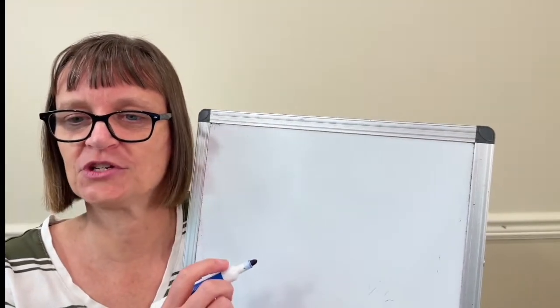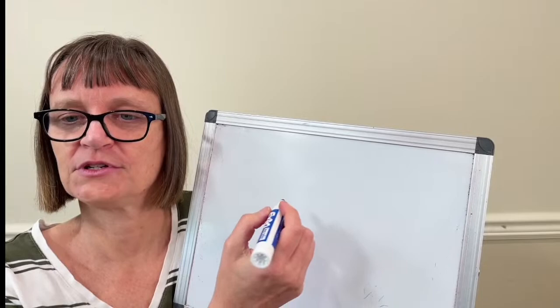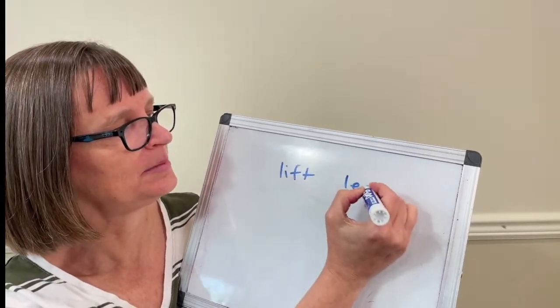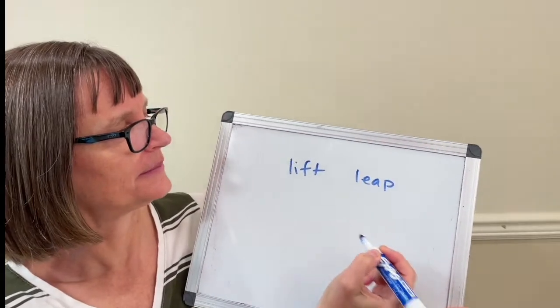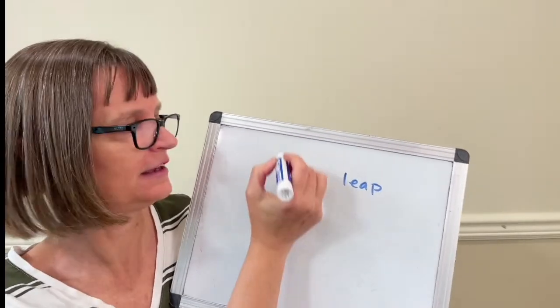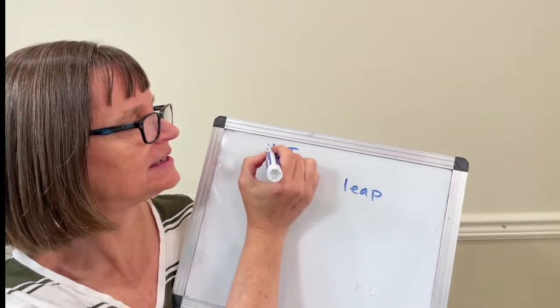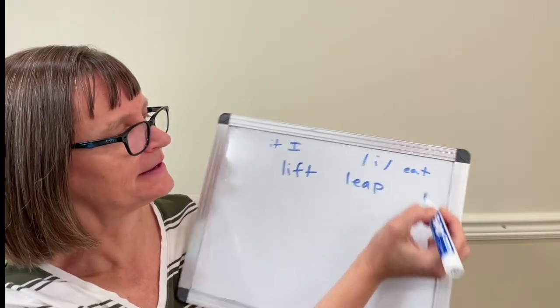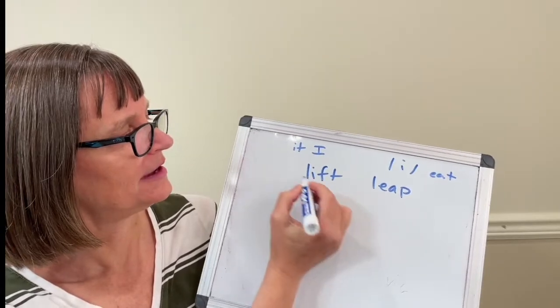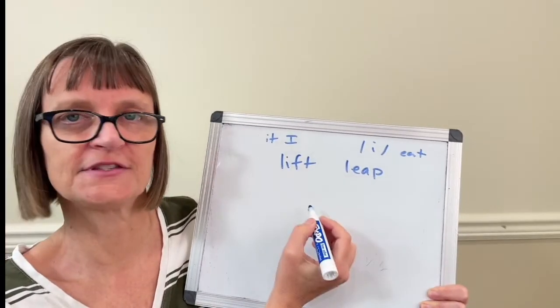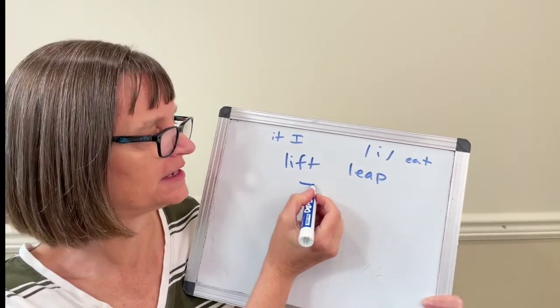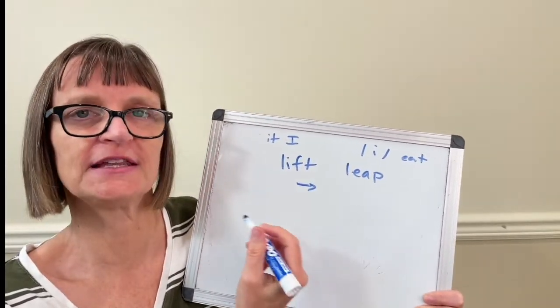We have a question about lift and leap. So here we have the I vowel, like in it, and here we have the E vowel, like in eat. So thinking about it lifts, and also for the f, we have a continuing sound, lift.